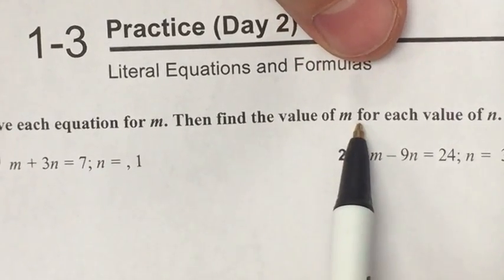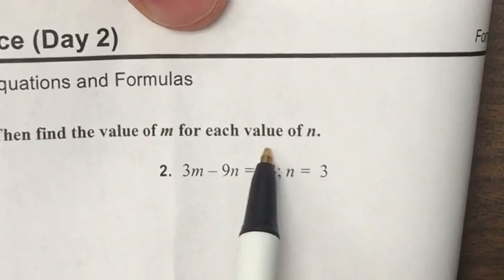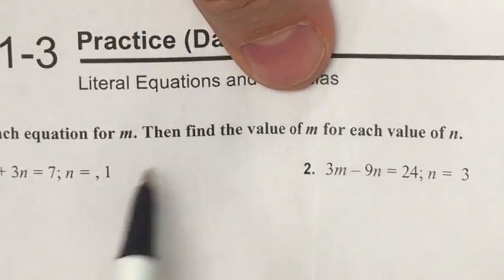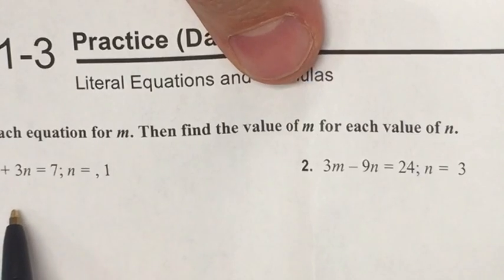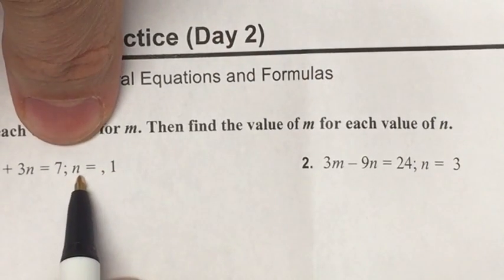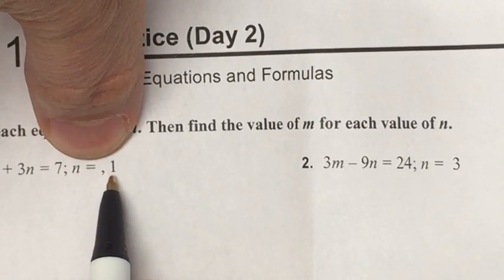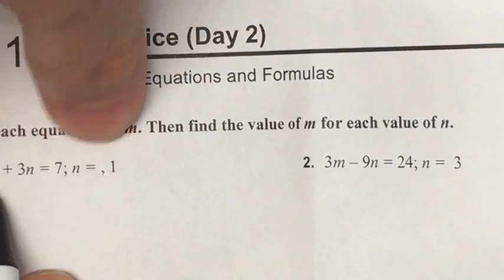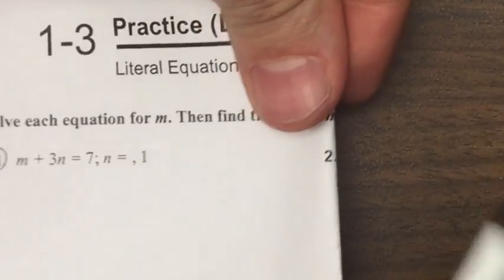Then we find the value for m for each value of n. So the way you read this, we're going to solve it for m, and then when we plug in 1 for n, we should be able to get an answer for m. Okay, so we'll go ahead and do that.